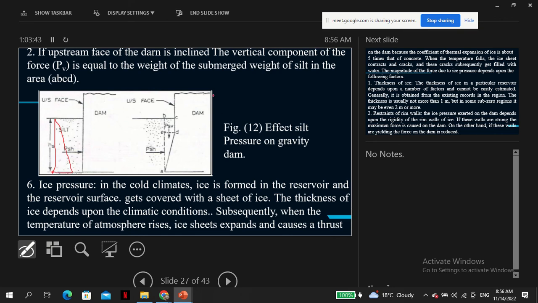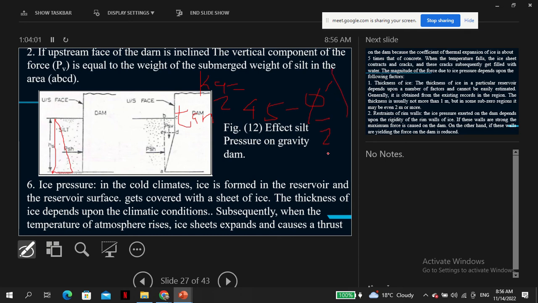And of course, you know that the Ka from Rankine is tan squared of 45 minus phi over 2.